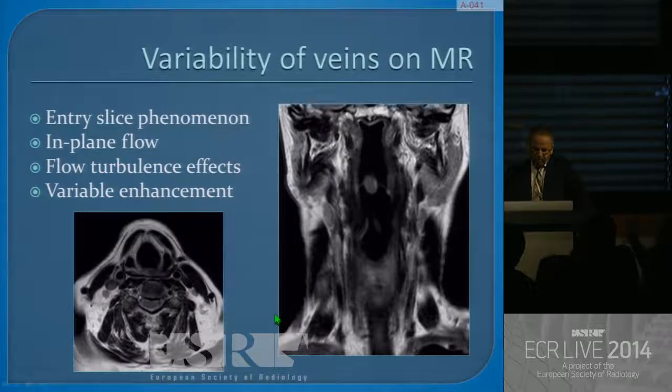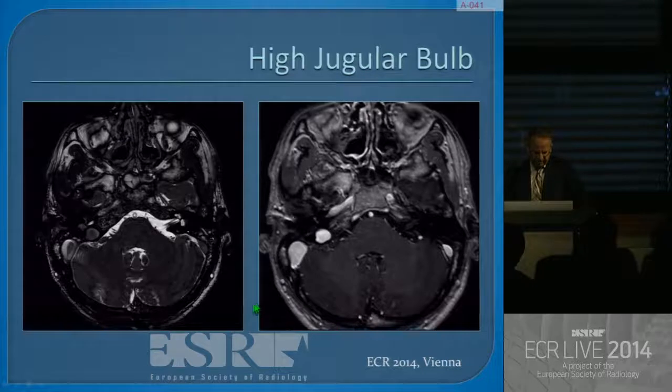And on MRI, veins may vary because of inflow phenomenon, in-plane flow, flow turbulence effects, and variable enhancement patterns.